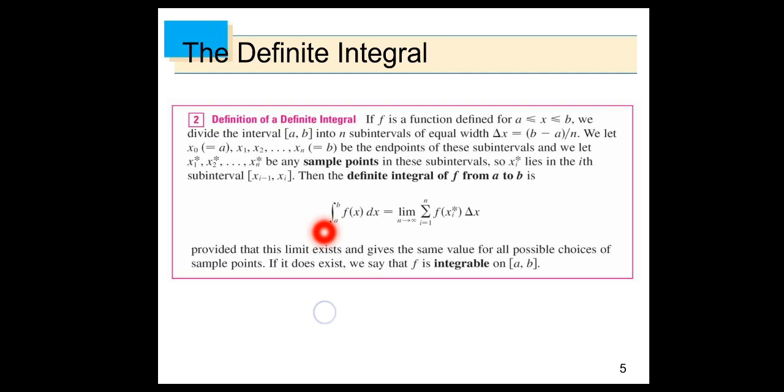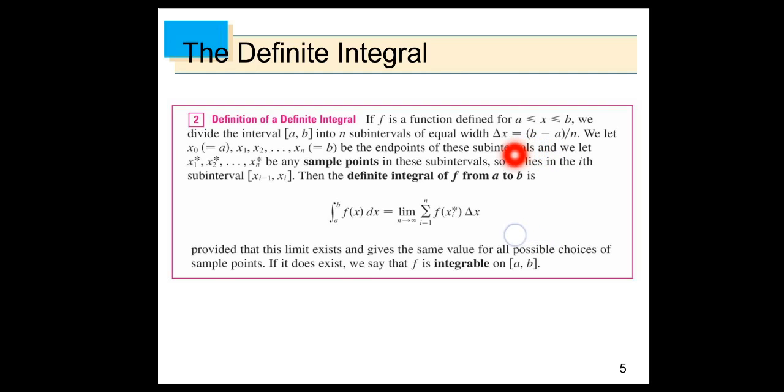Now we have this definition for the definite integral and we will divide it into two parts. First part says that we have a particular function and we will divide that function into subintervals, right? Suppose we have a function and it has interval a to b, and what we do, we divide it into different subintervals, right? And then we will find the delta x, which is actually the width of one subinterval. And we know how we find the delta x, it's b minus a divided by n, right?